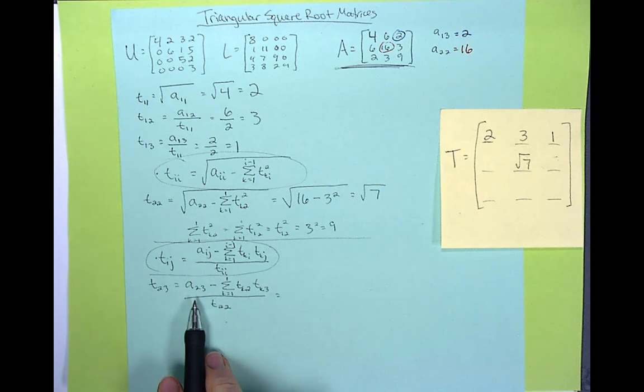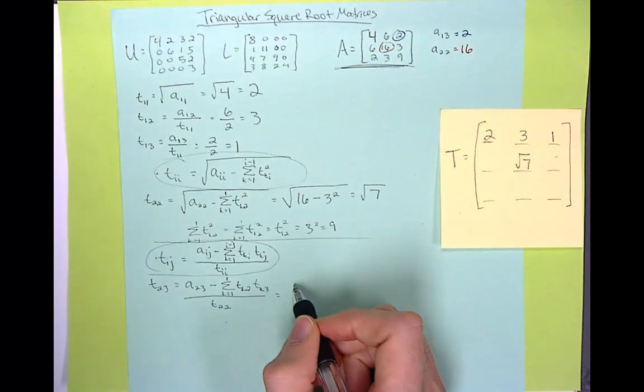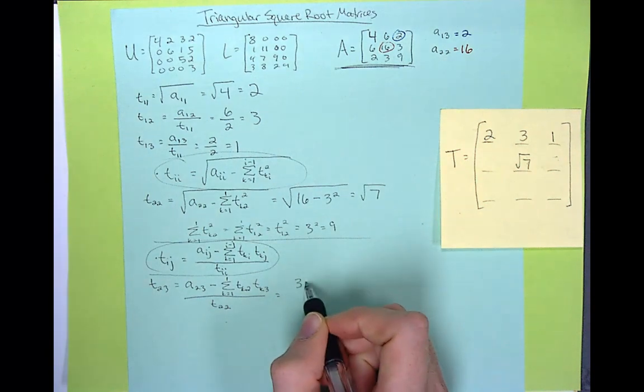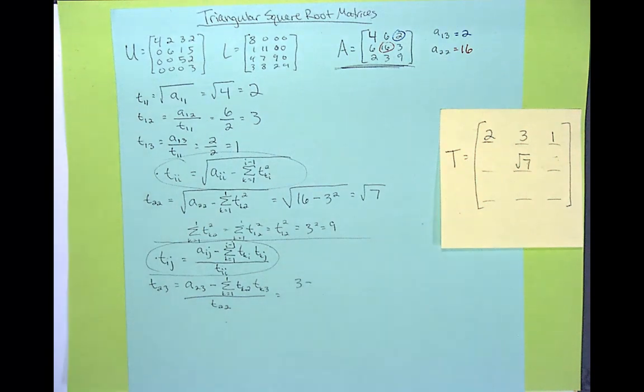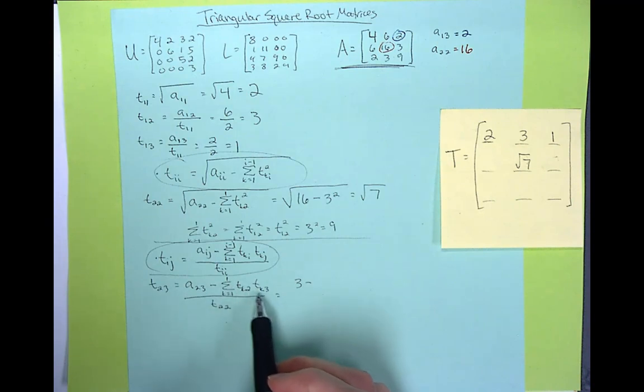A sub 2,3. We look up here at A, we find that is 3. So it's going to be 3 minus, we know this is going to be T sub, since k goes from 1 to 1, so T sub 1,2 times T sub 1,3.